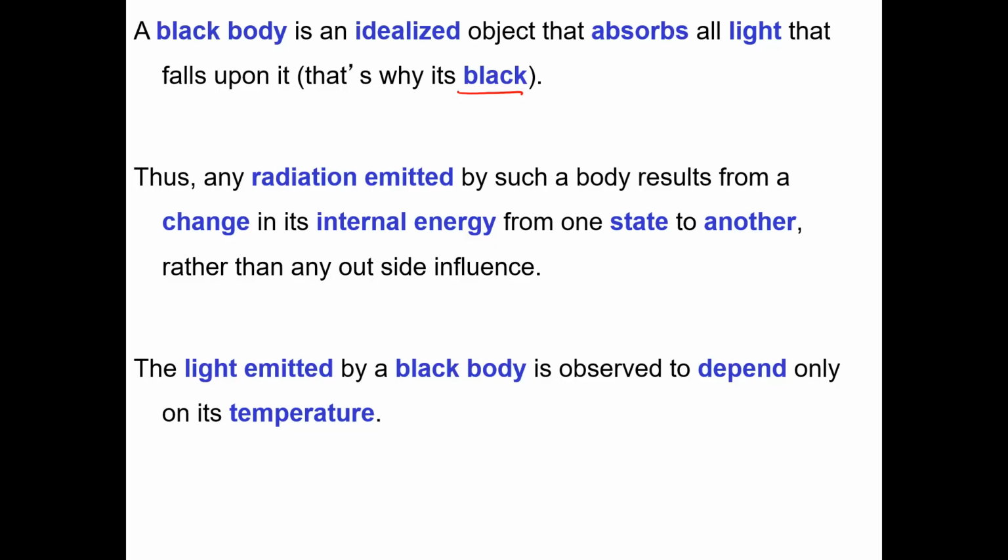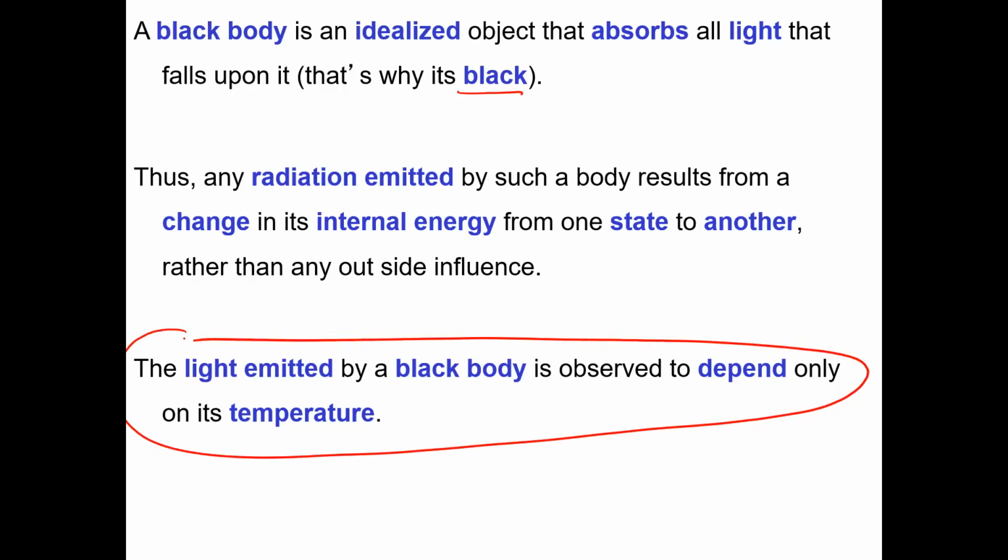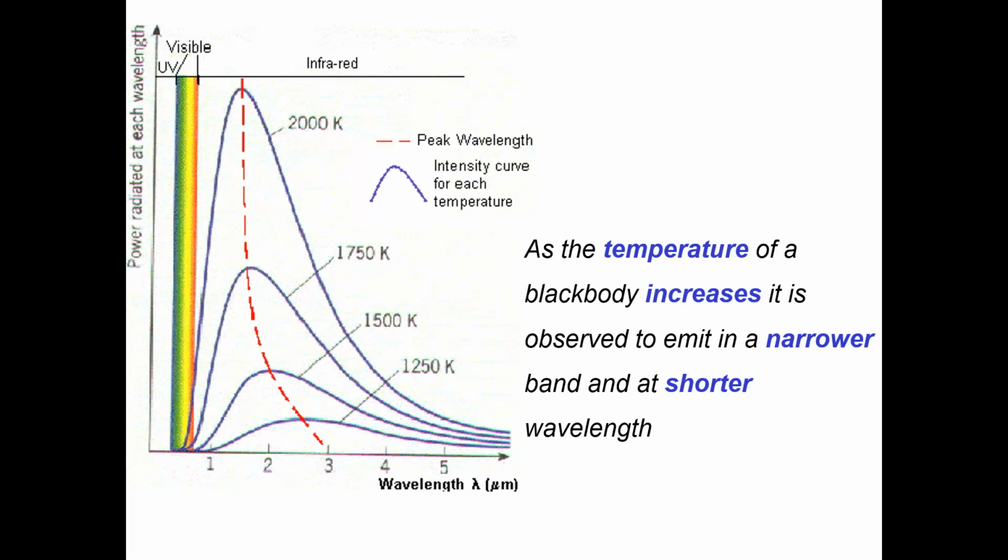Now, what's interesting is the light that's emitted by a black body is observed to depend on one thing only, and that's its temperature. So it's intimately related to how the particles in that object are moving around. So these are what we call black body curves, right?